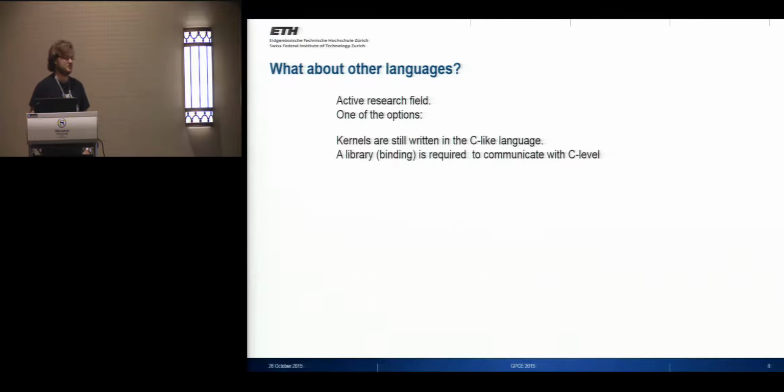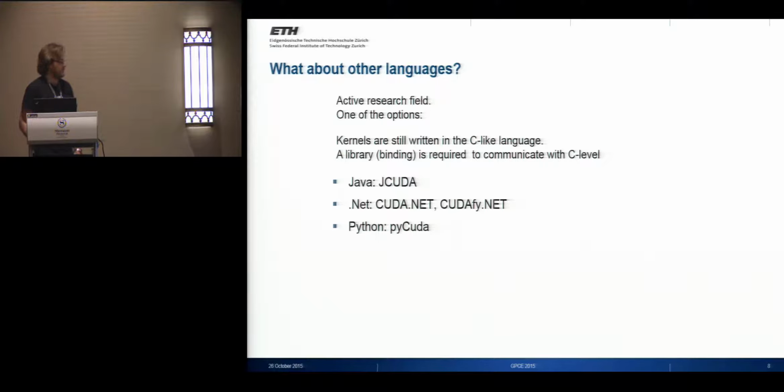But we'll focus here on one of the simplest options: kernels are still written in C, like CUDA, and a special library called a binding is required that communicates with the C level. There's a bunch of such libraries for popular languages, for Java, for .NET, for Python. And as we like to work with contracts, we're using Eiffel, which supports contracts natively as a part of the language. As it turns out, there's nothing for Eiffel out there.